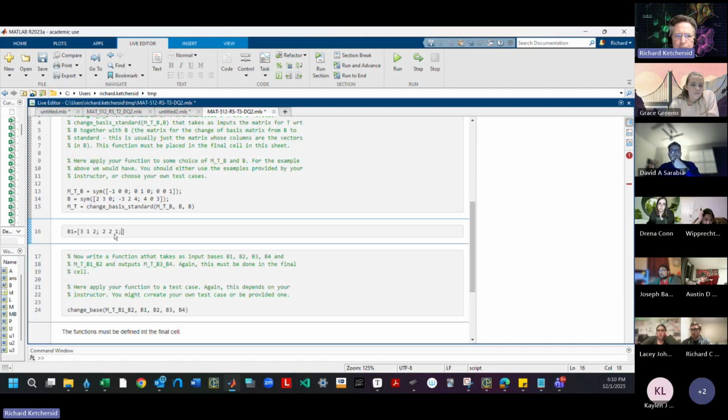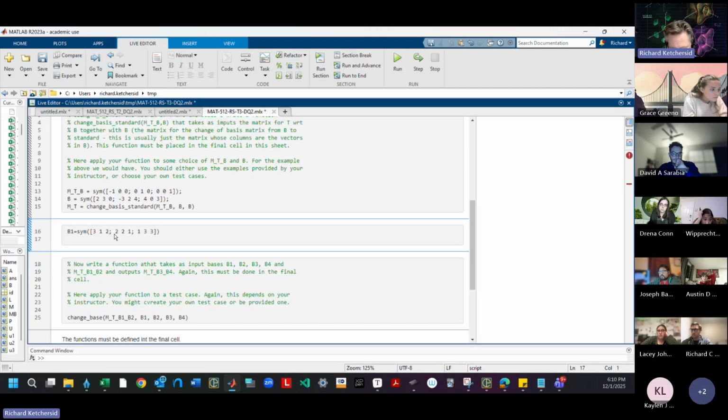And then that next one is 2, 2, 1, I think. I'm not misreading my own handwriting. And then 1, 3, 3. Okay, so that's my B1. And let's do it like I always do, make them pretty. We'll just show it. B2 equals 0, 1, 1, 1, 1.